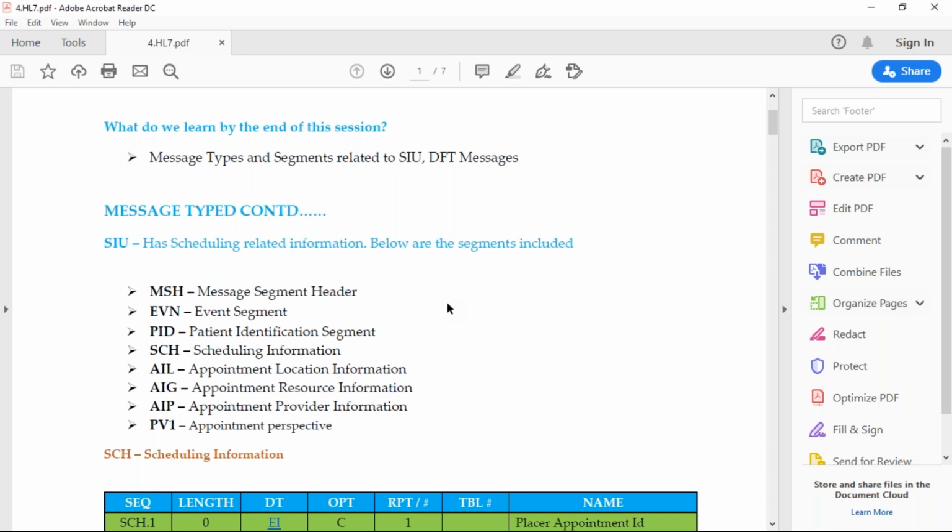So today we will go through the next message type, which is SIU, which is for scheduling information unsolicited, basically appointment related messages. As we have completed MSH, EVN, and PID, we won't be taking a look at them again. The next segments that we'll be covering today will be SCH, AIL, AIG, AIP, PV1, and so on.